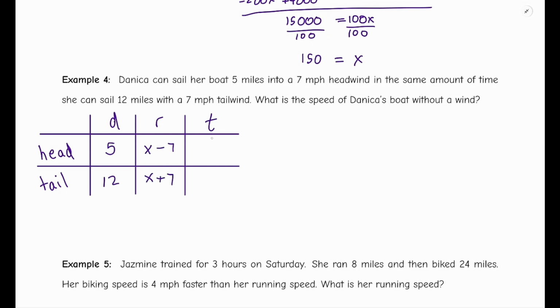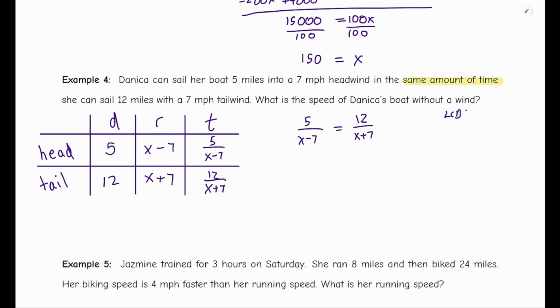And then time is distance over rate. And again, it does say same amount of time. So the equation we get is 5 over x minus 7 equals 12 over x plus 7.